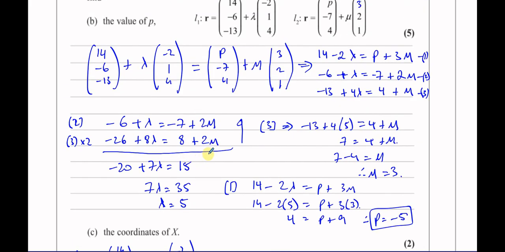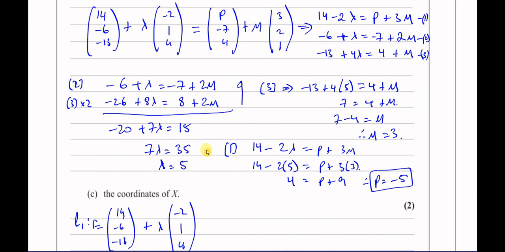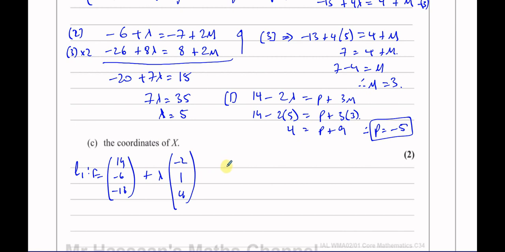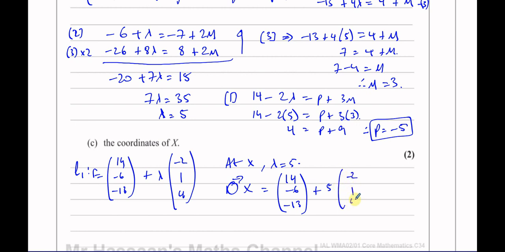Okay, make sure I haven't messed up minus signs anywhere. That's all right. So we know that at x, lambda is equal to 5. So we can say that the position vector of x, we can say O to x, therefore, is going to be 14 minus 6 minus 13 plus 5 times negative 2, 1, and 4.